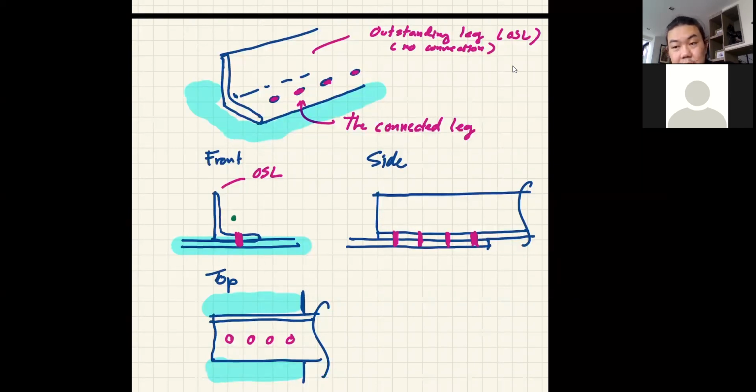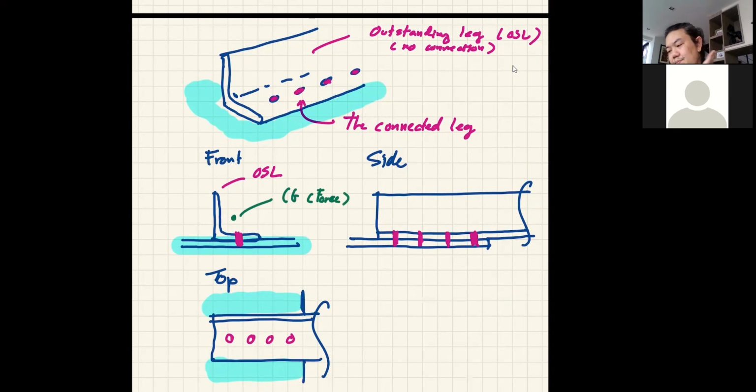Believe it or not, the centroid of the angle is in the air. It's right here. Theoretically, this is where your force is, through the centroid of the cross section. So this is the CG where the force is here.